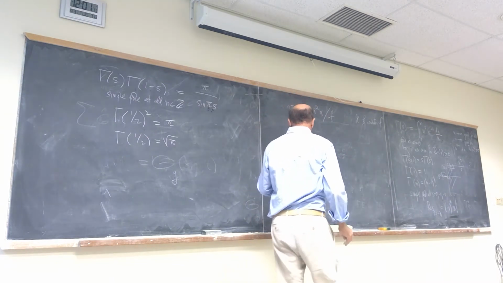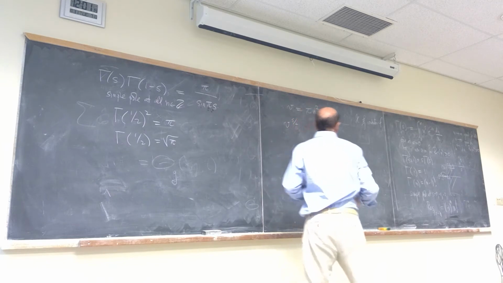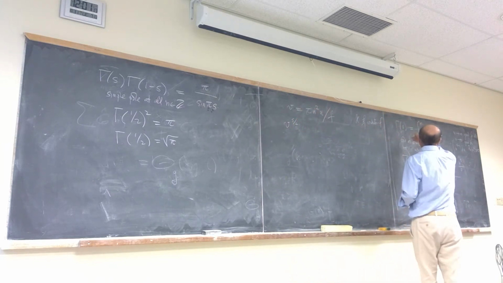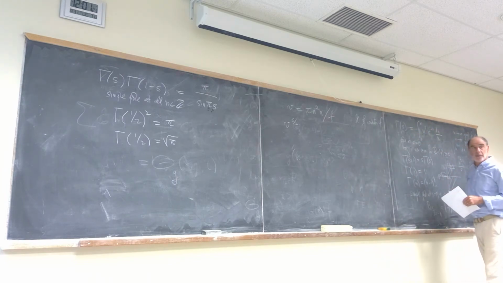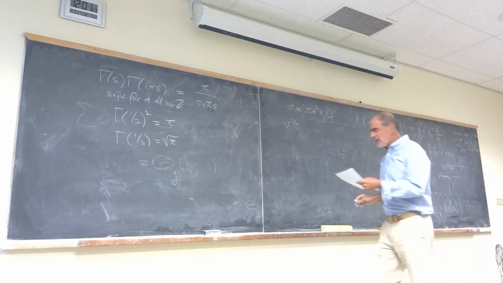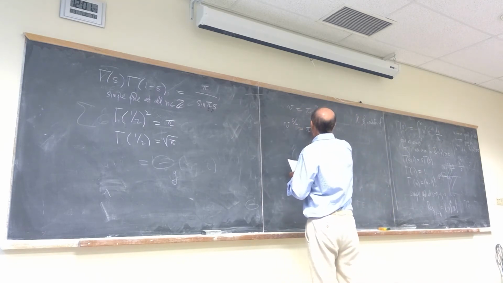Okay, so let's calculate v to the s over 2 power, because we're going to want to do gamma of s over 2. So gamma of s over 2 is the same integral with u to the s over 2 here, right? Okay, so what is v to the s over 2? Well, it's pi to the s over 2. That's good.